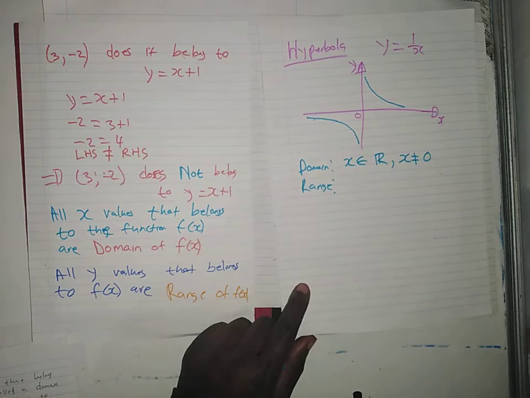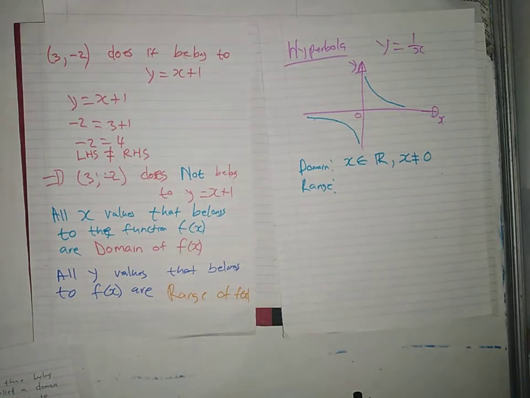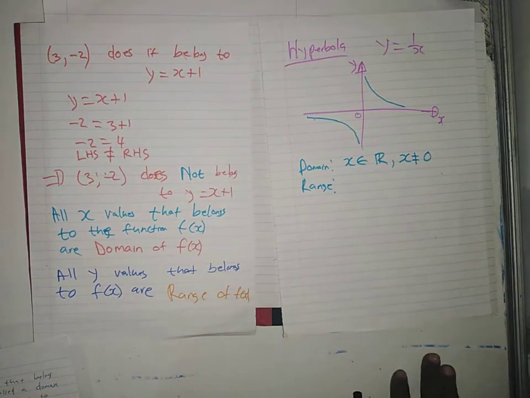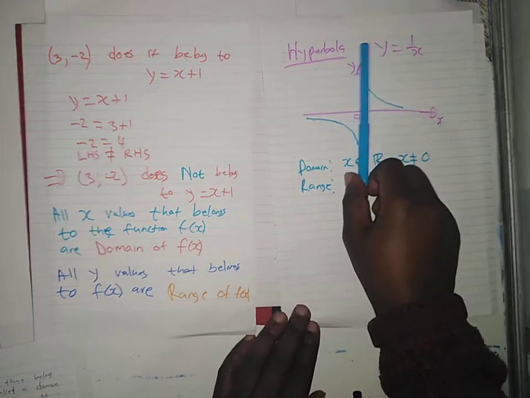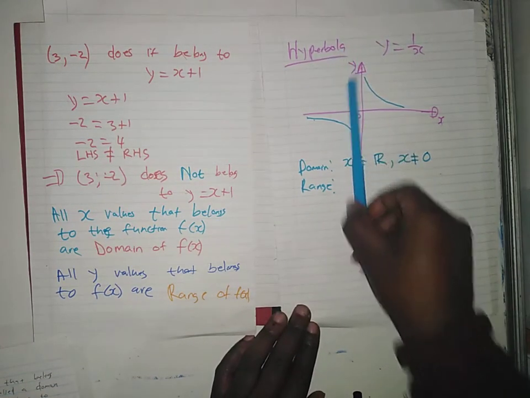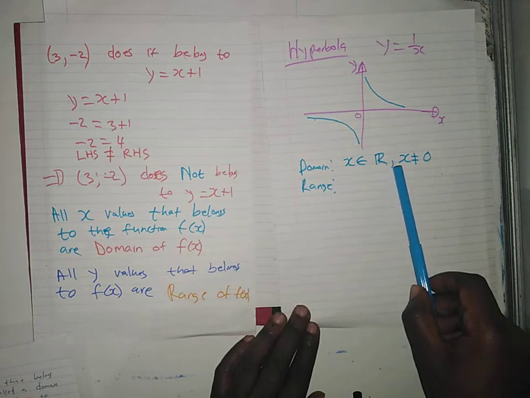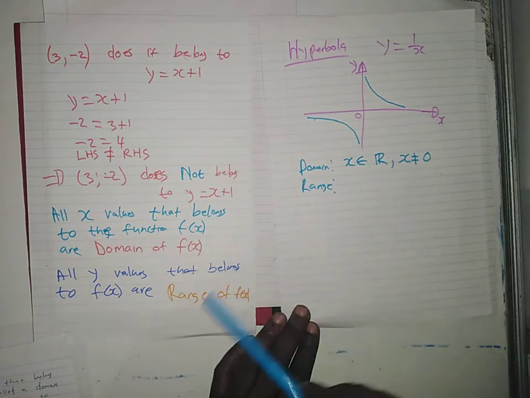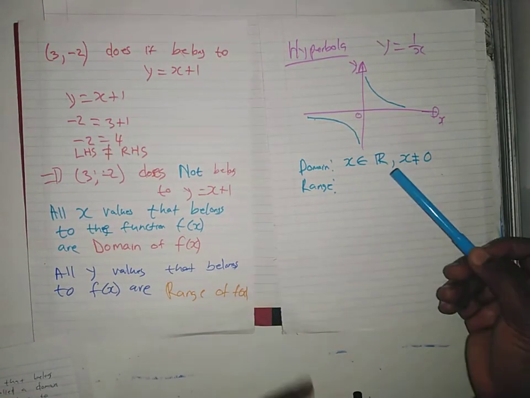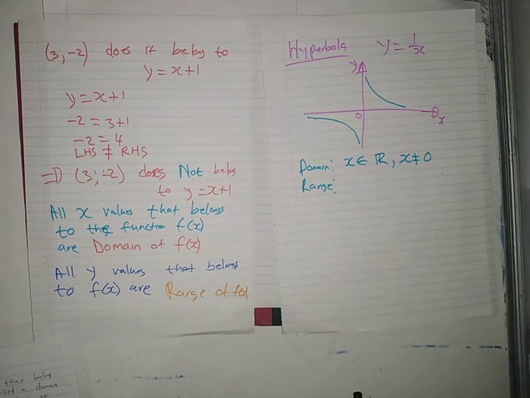Some other teachers will accept it if you just say x is not equal to 0; that will be sufficient for them to say that this is the domain. Okay, now what about the range? This simply means all values work except for x equal to 0. This is why they say x is an element of real numbers, but x is not equal to 0.